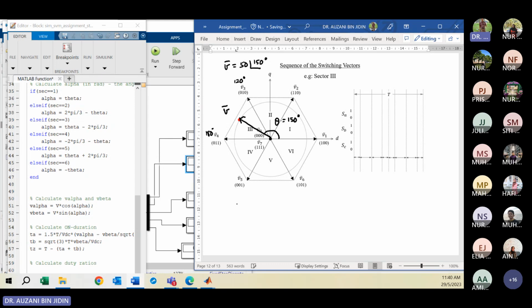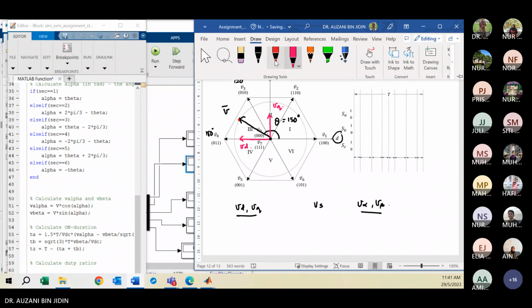Okay, calculate VD and VQ first. We differentiate the definition of VD and VQ versus V alpha and V beta. Because here we analyze the space vector on the DQ axis, your VD will be here, right? So your VD must be a negative value. And this is your VQ, right?